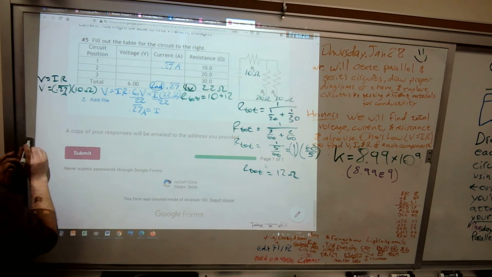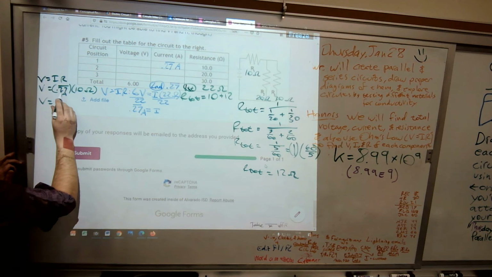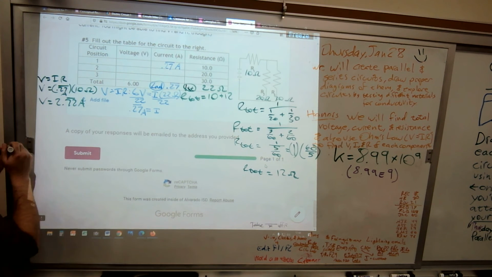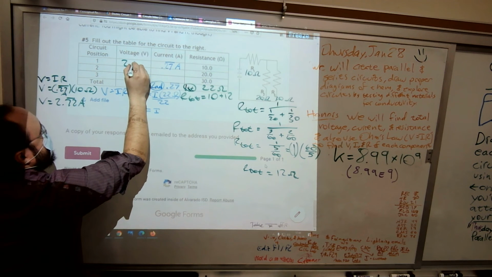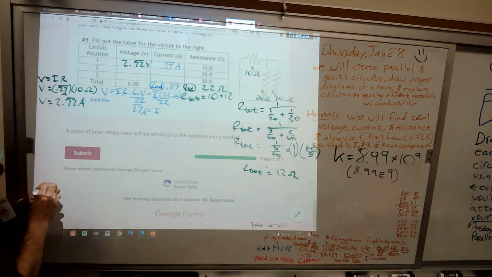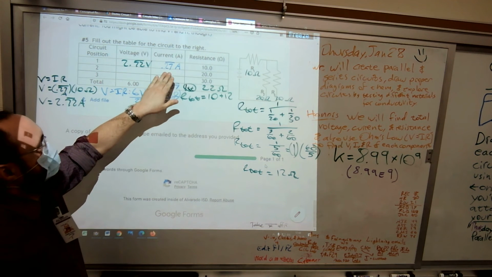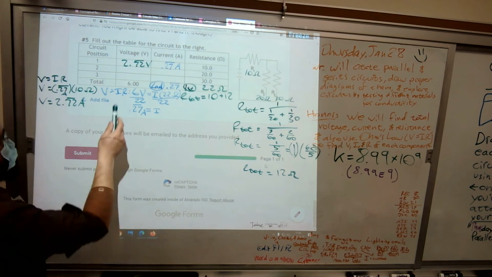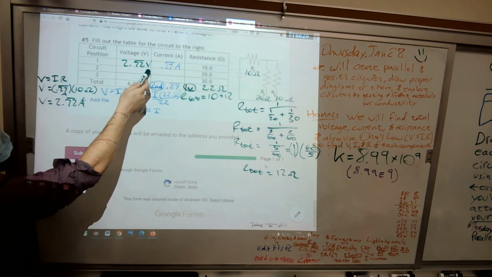I guess that's amps, okay. And 0.27 times 10 would be 2.72. I'm writing this little bar here because these are irrational numbers. In the calculator, this was 0.2727272727 forever. And that's what this means. This is 2.727272 forever.